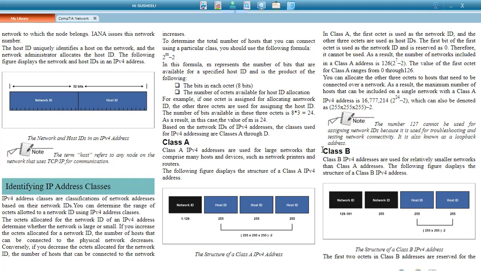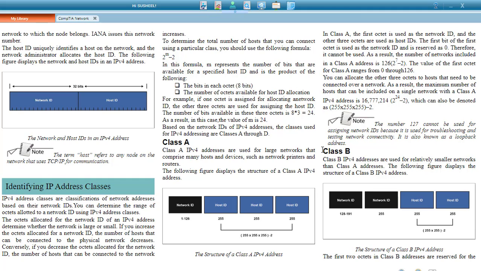As a result, the maximum number of hosts that can be included on a single network with a Class A IPv4 address is 16,777,214, that is 2^24 - 2, which can also be denoted as 255x255x255 - 2. The number 127 cannot be used for assigning network IDs because it is used for troubleshooting and testing network connectivity. It is also known as a loopback address.